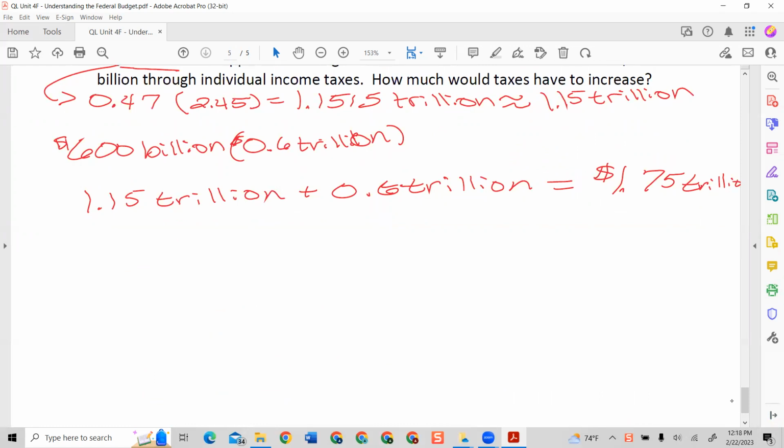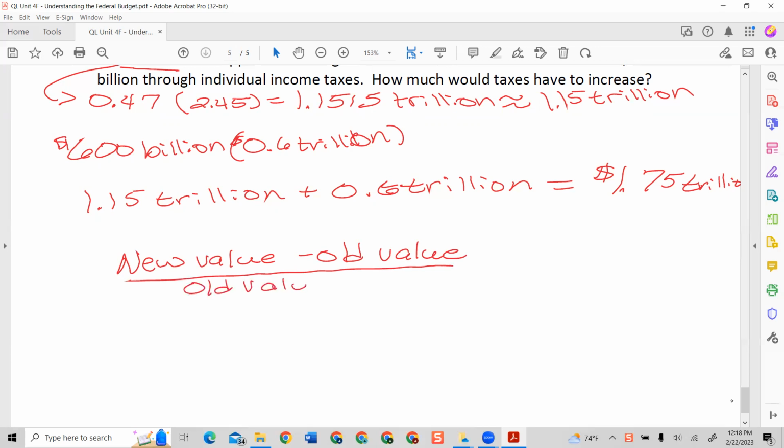So what I need to do is, in percentage terms, the amount represents a tax increase of the new value minus the old value, all divided by the old value. So what is the new value? It's that 1.75 trillion. I'm going to subtract the old value, which is 1.15 trillion, all divided by 1.15 trillion. And at the end, we're going to multiply by 100%.